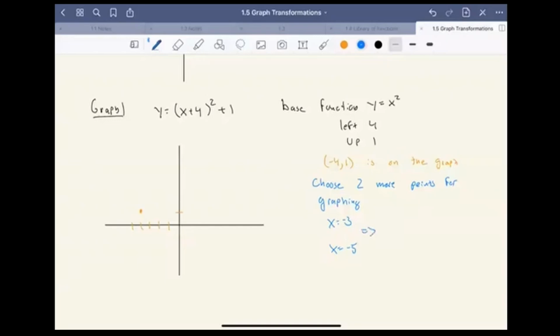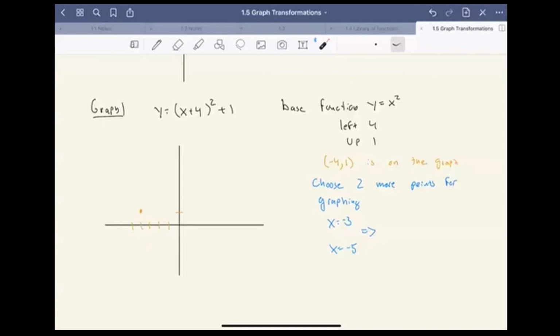In both cases, I'm actually going to get the same y value back. Because if I have -5 here, I'm going to have -1. And when I square -1, I get 1, plus 1 equals 2. Same thing's going to happen if I have x equals -3, that's going to be 1. When I square 1, that's going to give me 1.